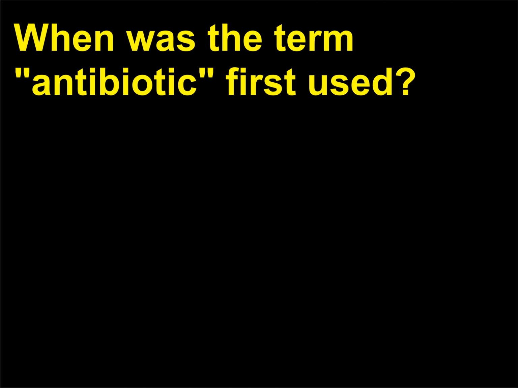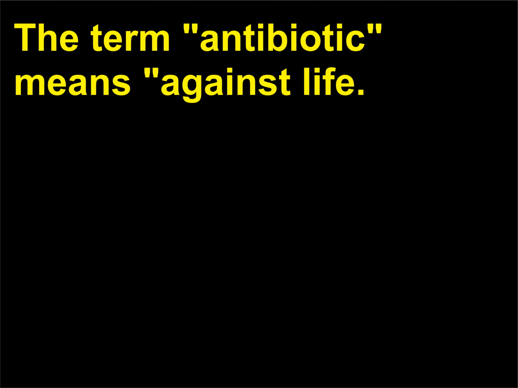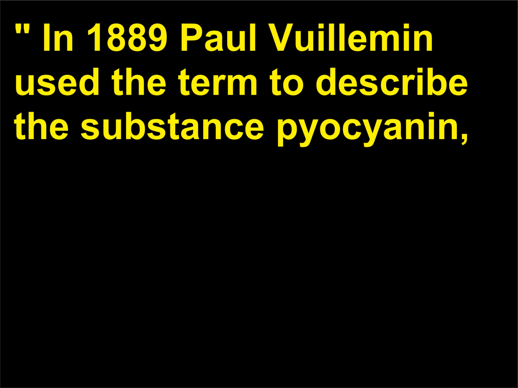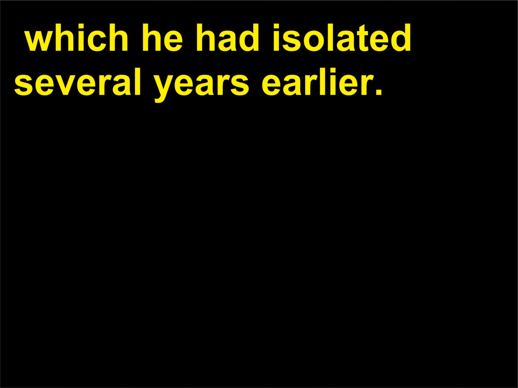When was the term antibiotic first used? The term antibiotic means against life. In 1889, Paul Vuillemin used the term to describe the substance pyocyanin, which he had isolated several years earlier.